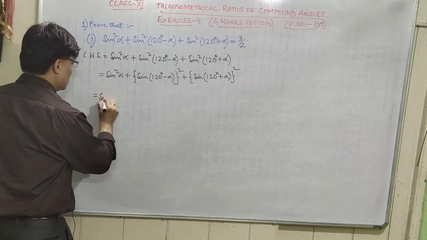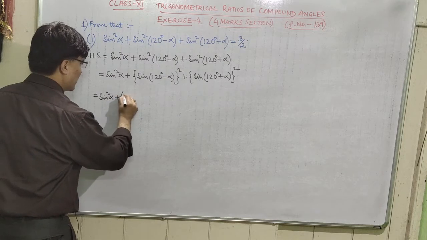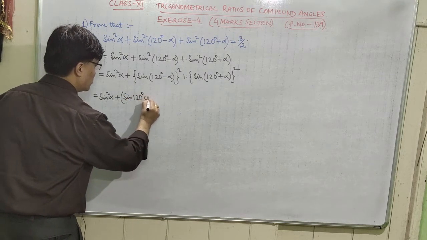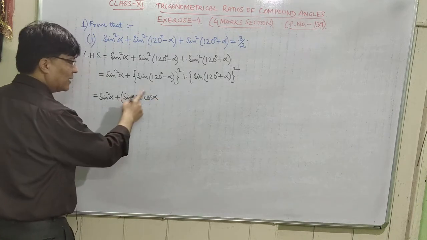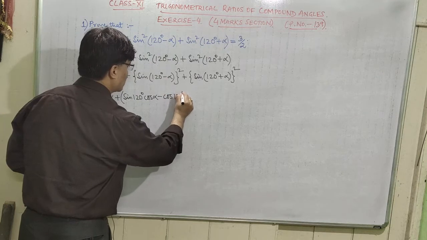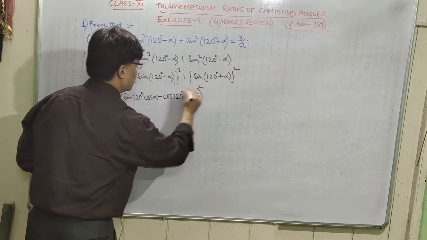So which is equal to sine square alpha plus, now within bracket this is sine of a minus b. What is sine a minus b? Sine a cos b minus cos a sine b, so that is sine 120 cos alpha minus cos 120 sine alpha, this is whole square.